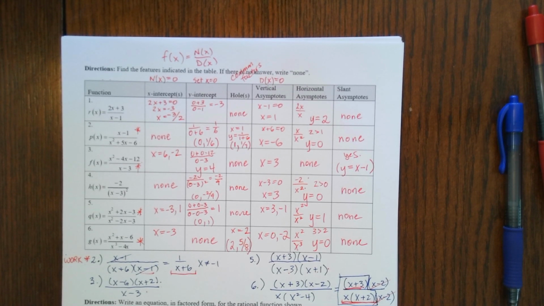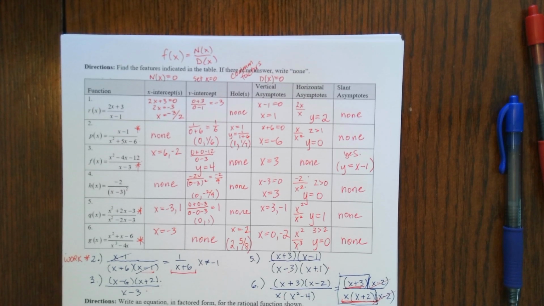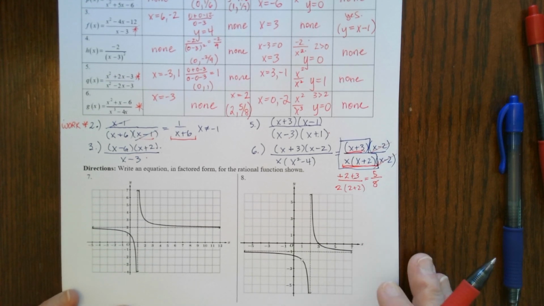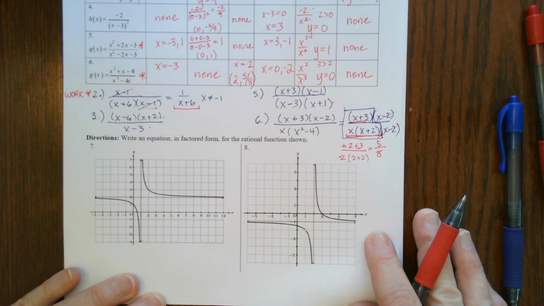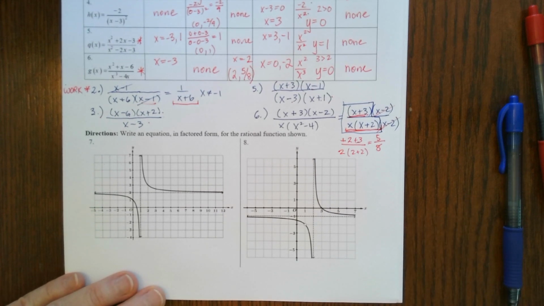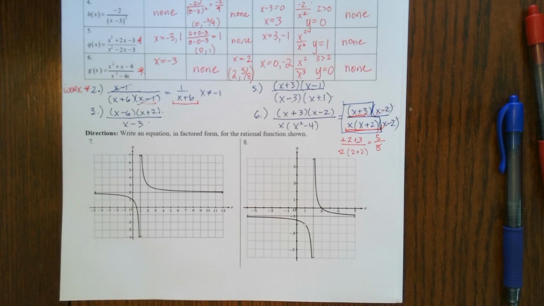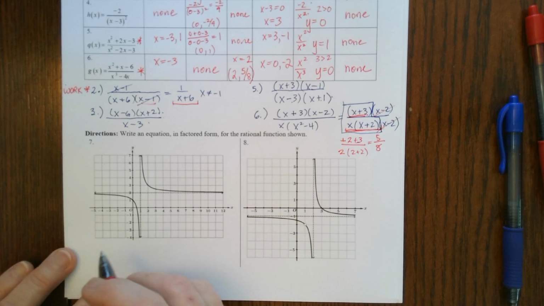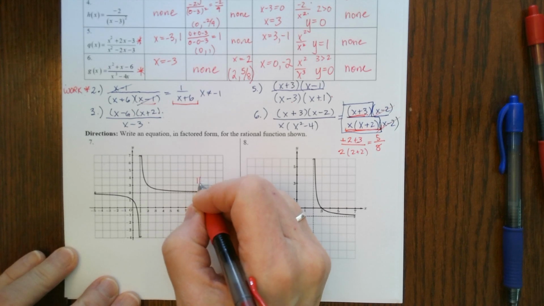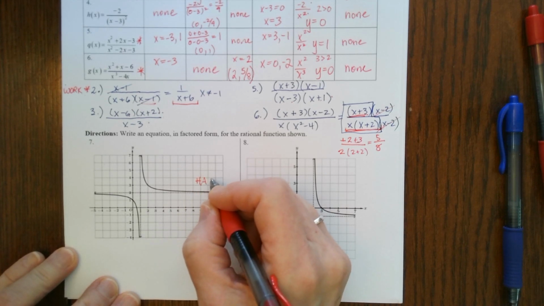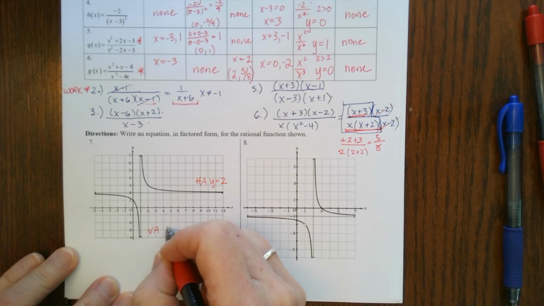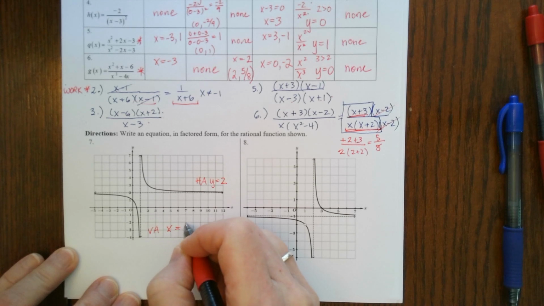Okay, so in the last problem we want to write an equation in factored form for the rational function shown. So let's see, number 7 looks like there's no holes, but we have a horizontal asymptote at y equals 2 and a vertical asymptote at x equals 1.